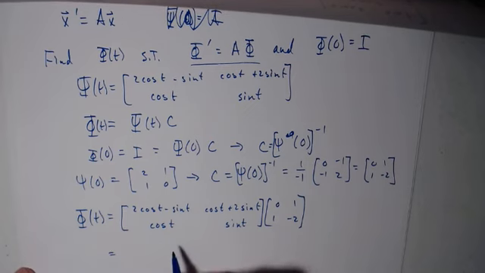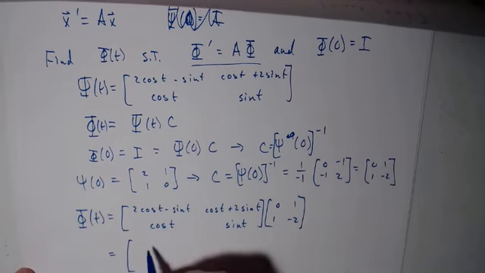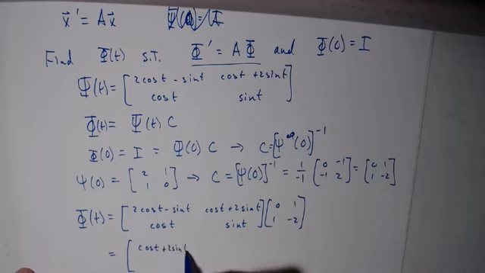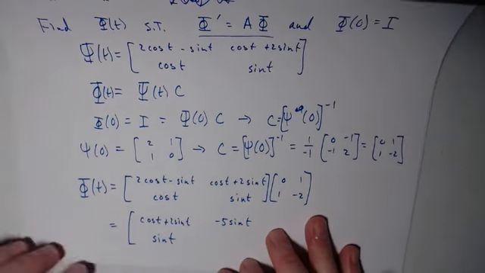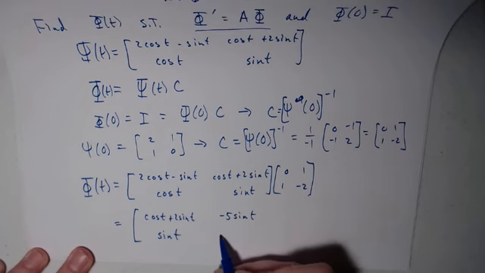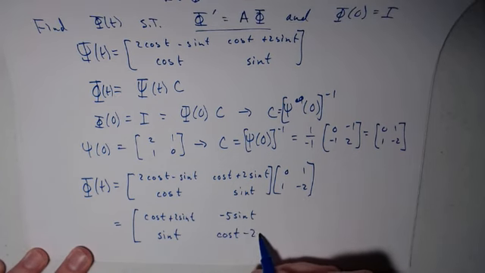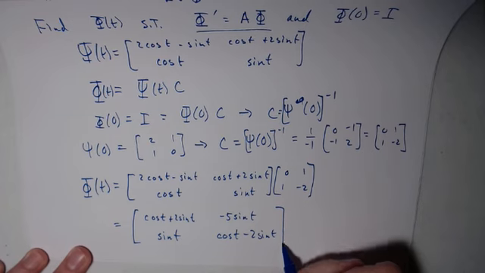When we do that multiplication, we're going to get, let's see, cosine t plus 2 sine t, negative 5 sine t, sine t, and cosine t minus 2 sine t.